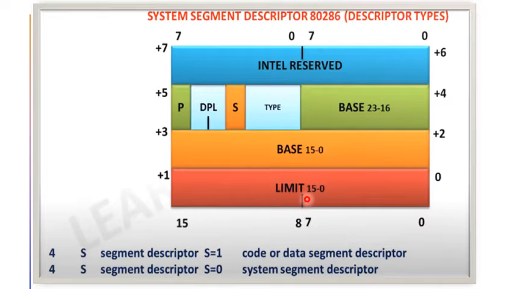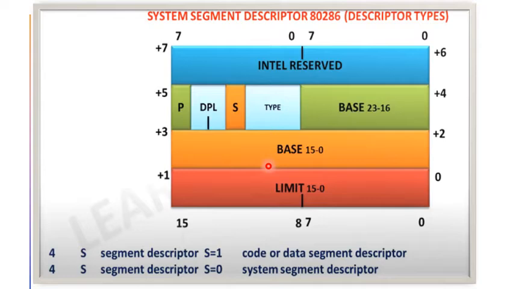So it consists of a 16-bit limit and a 24-bit base address. The access byte defines the type of descriptor, its state and privilege levels. Bit 4 of the access byte is always 0 to indicate the system control descriptor.